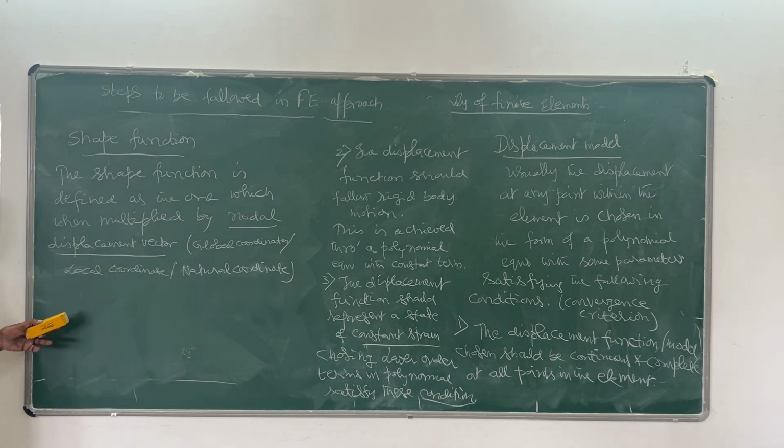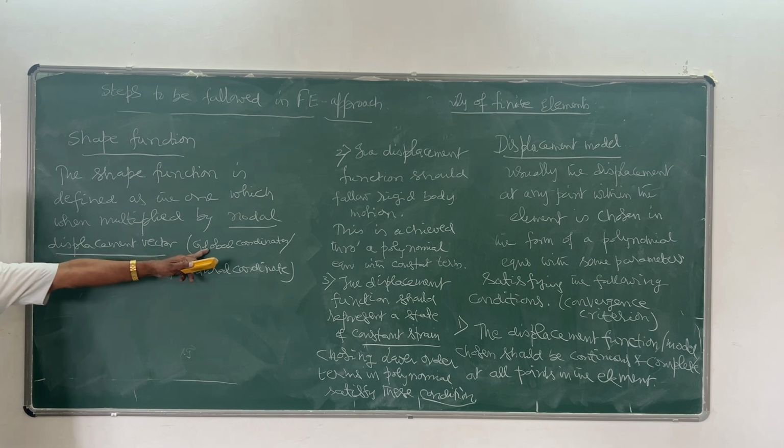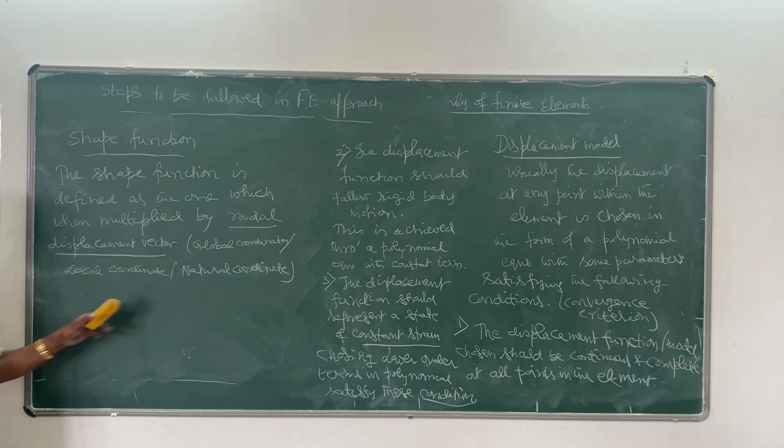Earlier, in the classical method, I explained what is the global coordinate system and the local coordinate system. I also told you, at each node, you can add a displacement variable along the local axis. There, one of the coordinate axes will be along the axis of the member itself. In global, it is horizontal, vertical. The other one will be normal.